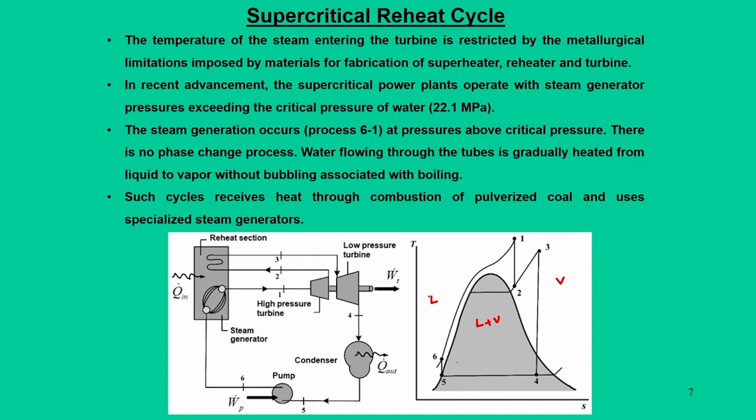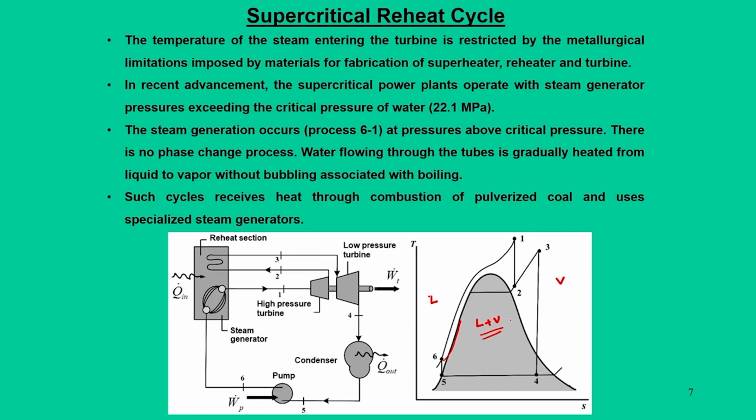While operating the normal reheat cycle, we really do not go beyond this saturated dome. So, in this classical process, the state of the system goes within this liquid vapor region, and that happens along a constant pressure line.